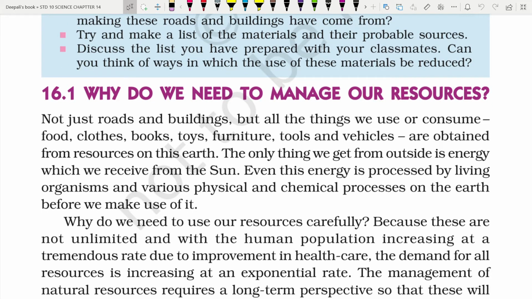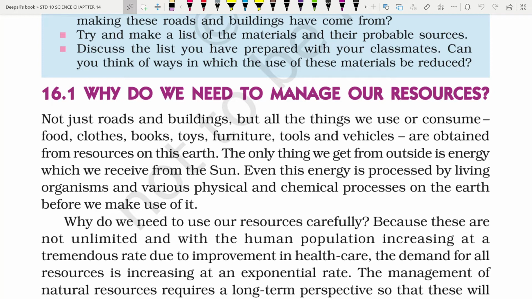So why do we need to manage our resources? Not just roads and buildings, but all things we use or consume, food, clothes, books, toys, furniture, tools and vehicles are obtained from resources on this earth. The only thing we get from outside is energy which we receive from the sun.